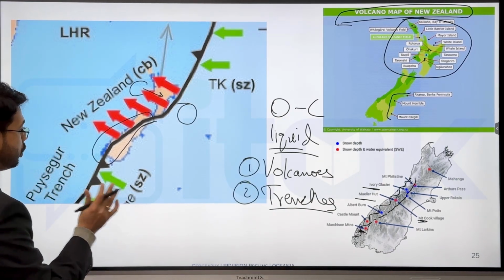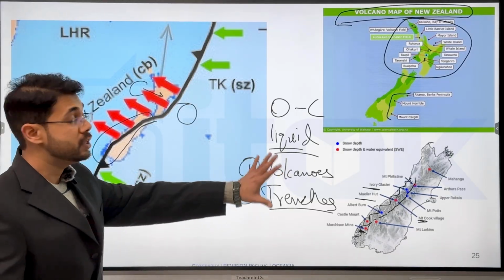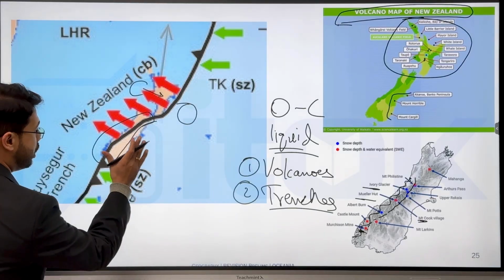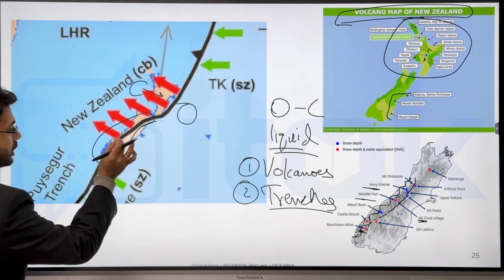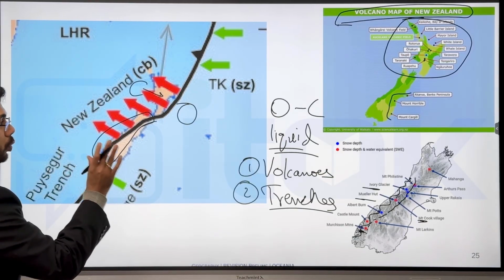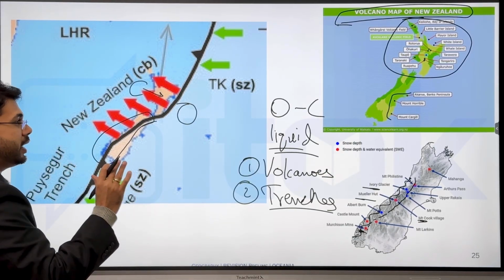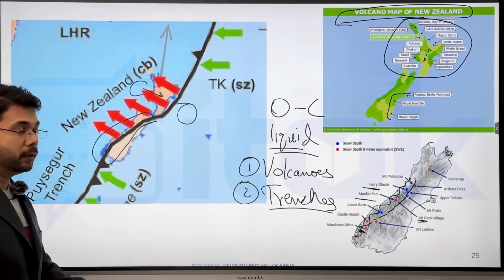So when there is a continent collision, what happens? There is no liquid involved because there is no ocean over here. When this must have been forming at that point of time, there must have been an ocean. So once that ocean was there, volcanoes must have been there and then they got dormant or dead or whatever.